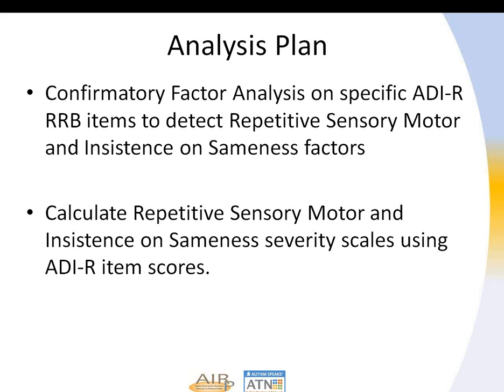If results of factor analysis do support repetitive sensory motor and insistence on sameness factors, severity scores will be calculated by summing the ADIR items for each child in the relevant categories. We're using parent report of current behavior on the ADI because of our interest in linking that up with current sleep problems. We'll also follow ADIR coding conventions of converting 3s to 2s in scoring severity.